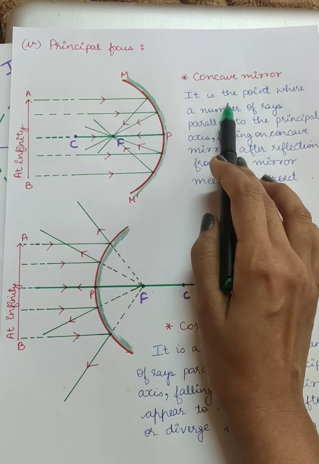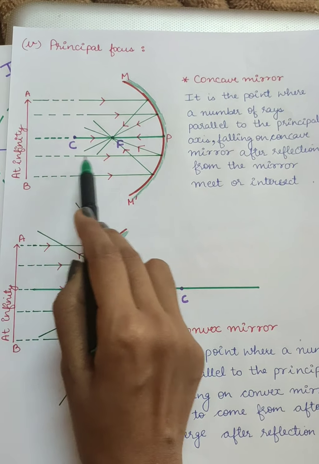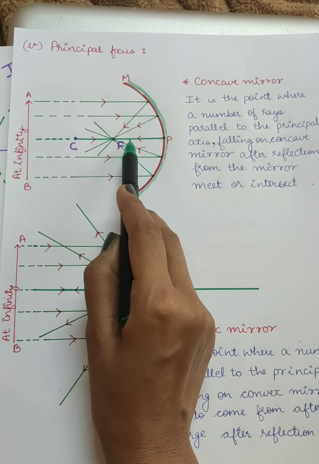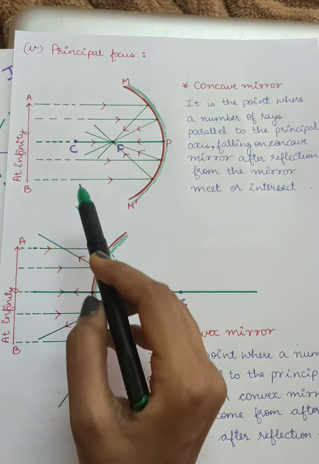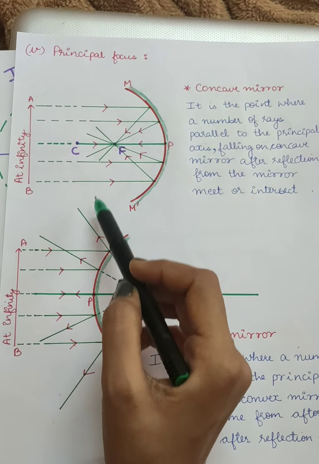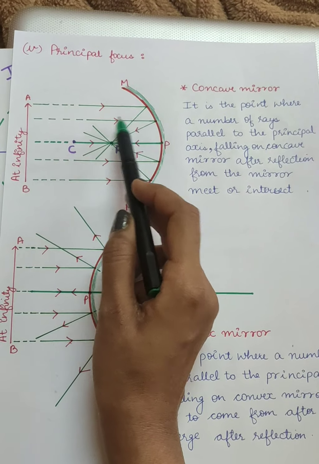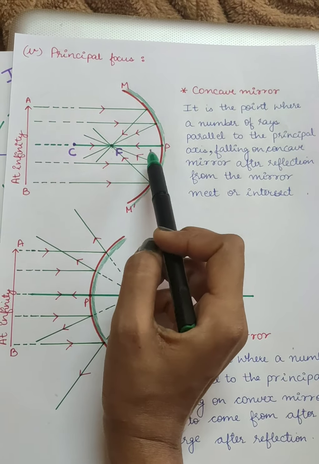For a concave mirror, it is a point where a number of rays parallel to the principal axis falling on the concave mirror meet or intersect after reflection from the mirror. So this is the point where these parallel rays meet after reflection from the concave mirror.